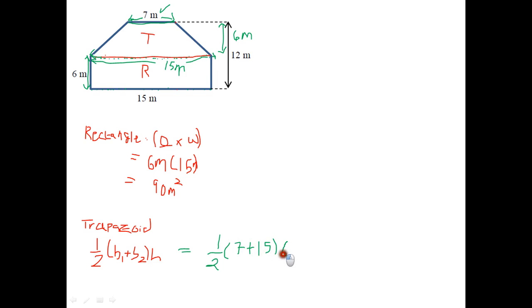And I like to make the simplification right away here. So 6 and 2, that goes in 3 times. And 7 plus 15, that's 22. So we have 22 times 3.